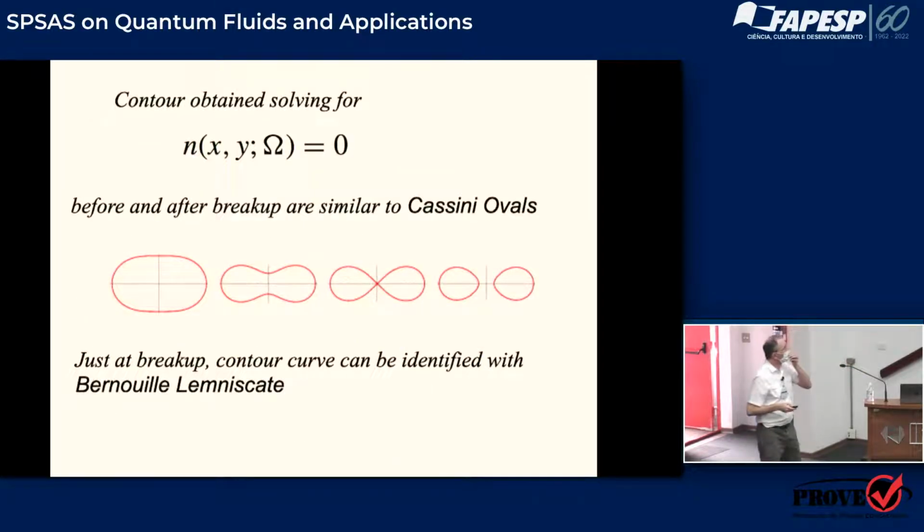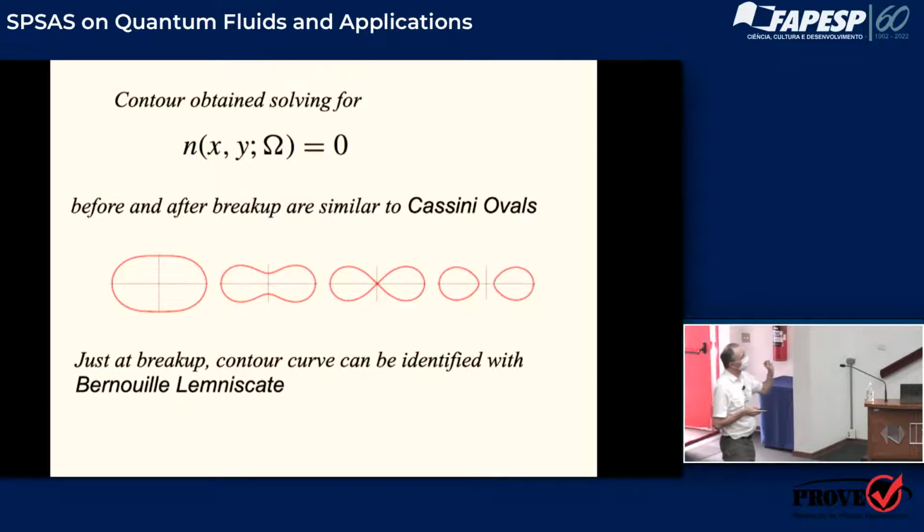Okay. So as I said, you have a double well, and at the contour the density must be 0. Before and after the breakup, I will show very nice figures in a minute, the contours are similar to Cassini ovals, so you can do it analytically.